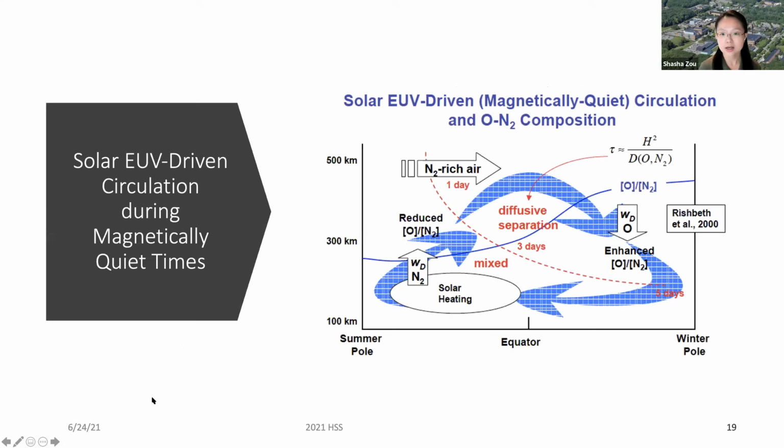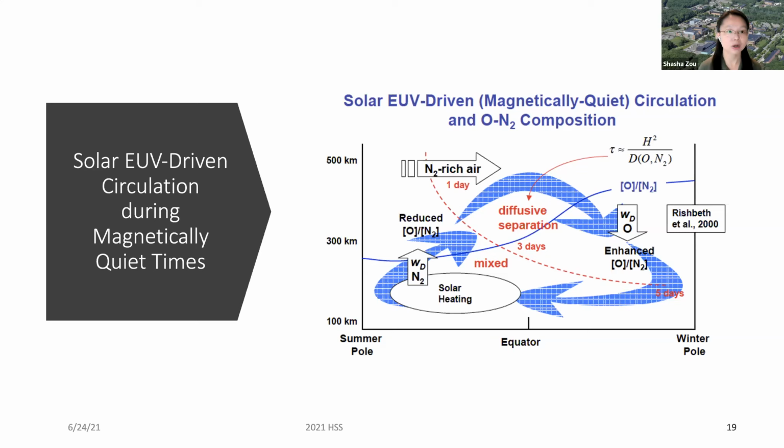Okay, so there are a few questions in the shared Google Doc about the TEC asymmetries and the NmF2 asymmetries. In order to understand those asymmetries, again, we need to understand the seasonal variation of the thermosphere composition. What I'm showing you here is during a magnetically quiet time, so that means there are no solar storms or geomagnetic storms going on.